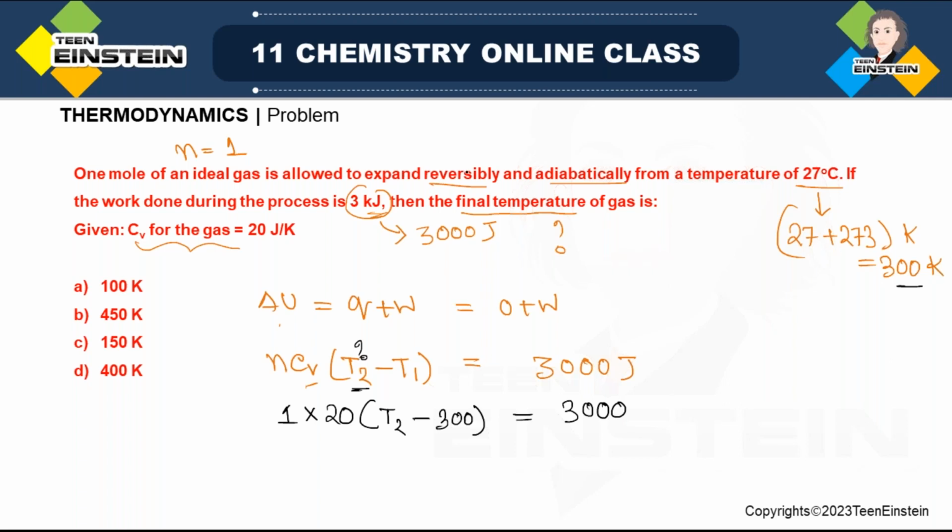Now as it is expansion, 3000, okay. T2 minus 300. Finally, we'll find out the value of T2.